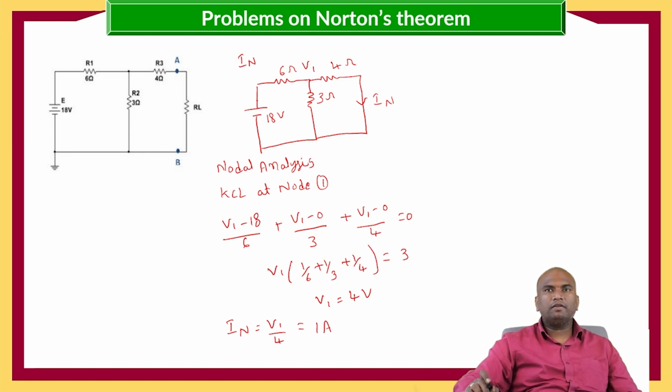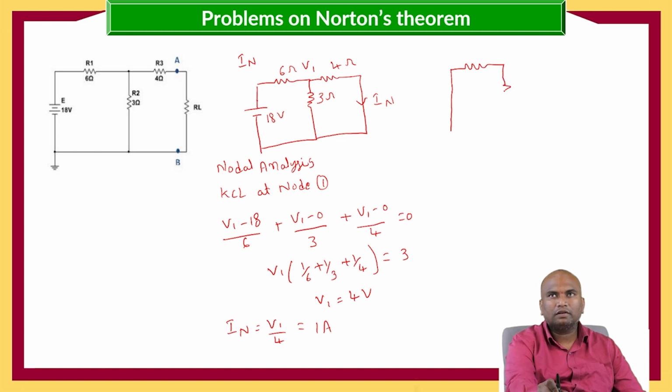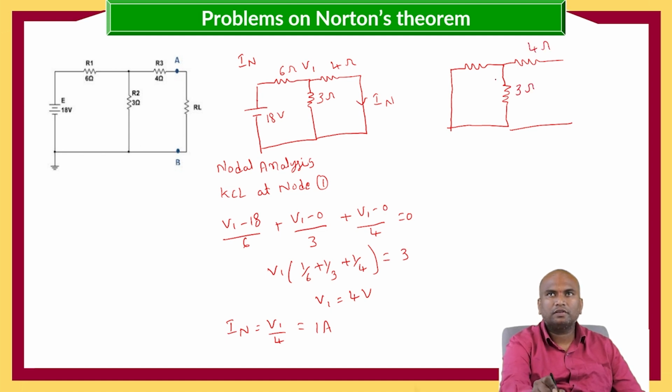Now we got the IN value as 1 ampere, and we need to calculate the Norton's resistance. So for calculating Norton's resistance, voltage source is replaced with short circuit. Here is the 4 ohms, 3 ohms, 6 ohms.